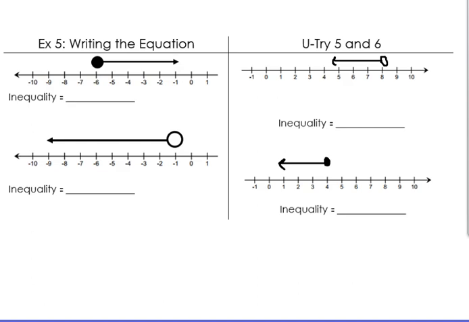Here's our last example. On this one, we are trying to write the inequality from the graph. If we are going to look at the graph and write an inequality, each inequality is going to require a variable.